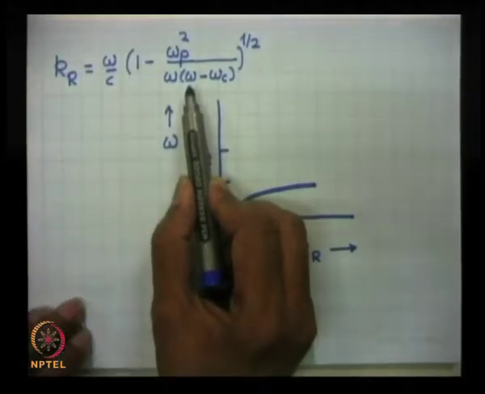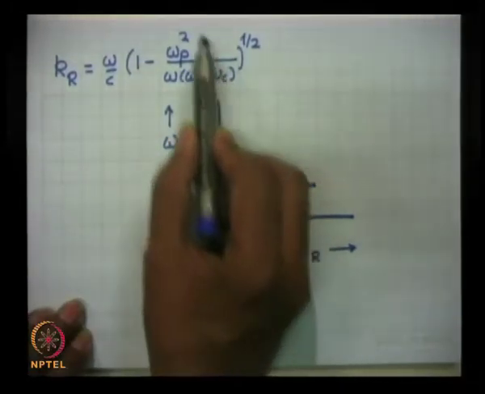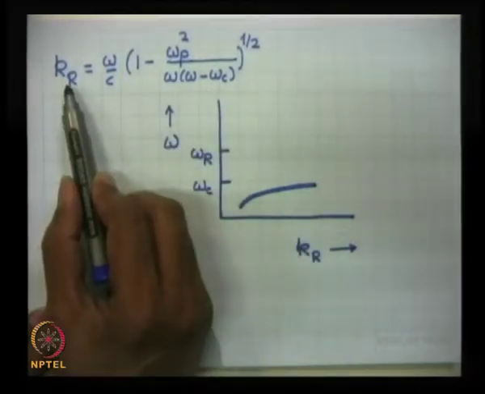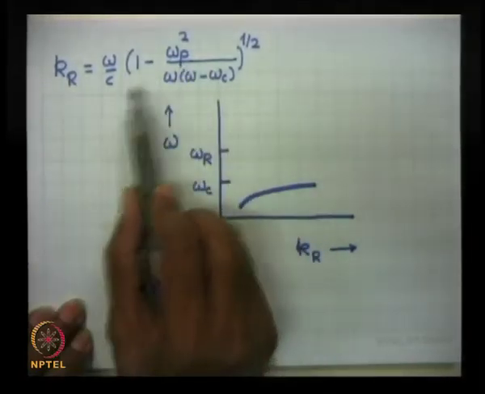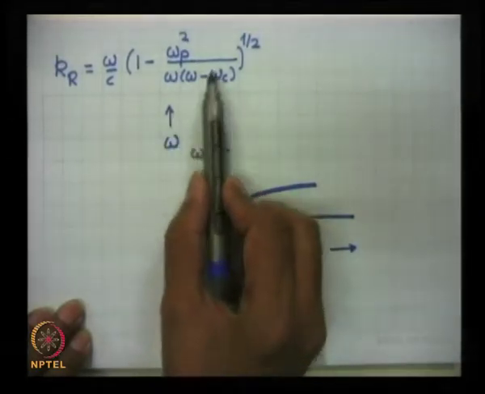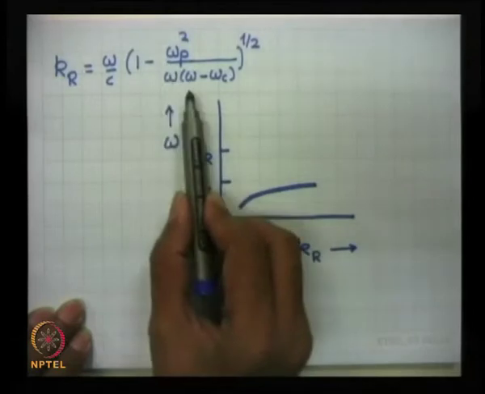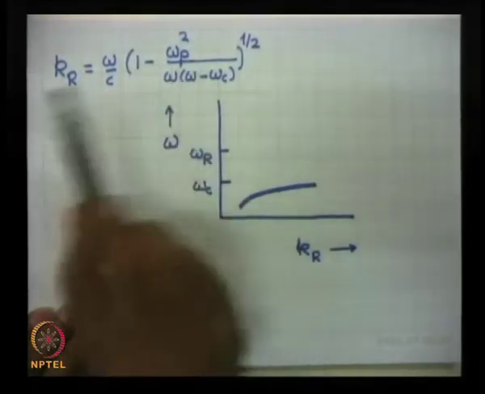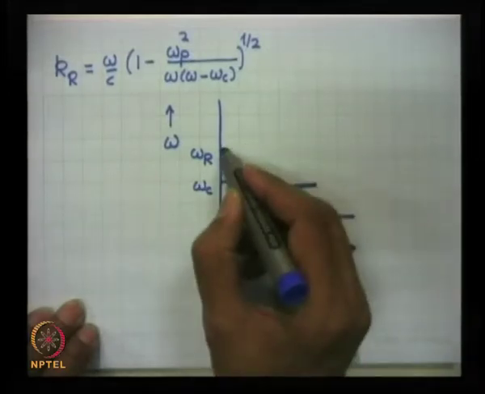So, when omega is slightly more than omega_c, this entire quantity is highly negative and k_r is imaginary, the wave does not travel. It will travel only when this quantity becomes 1 or less than 1. So, then the mode goes like this.